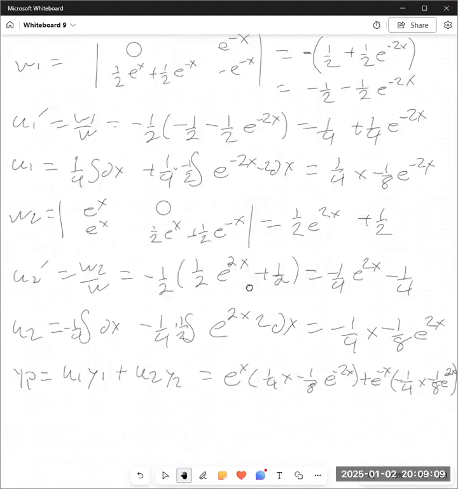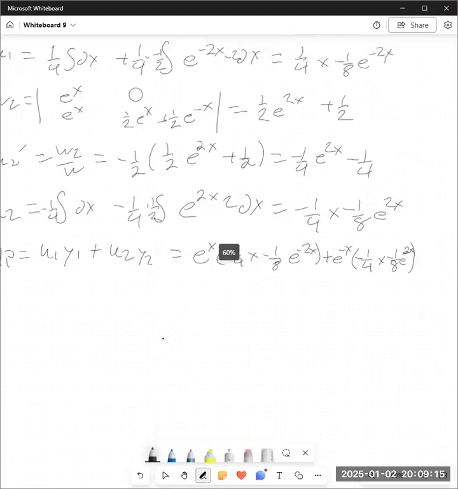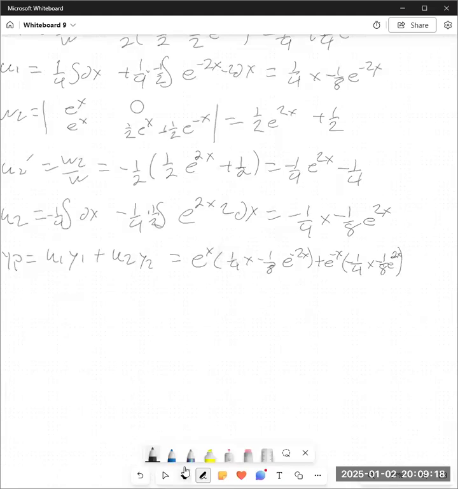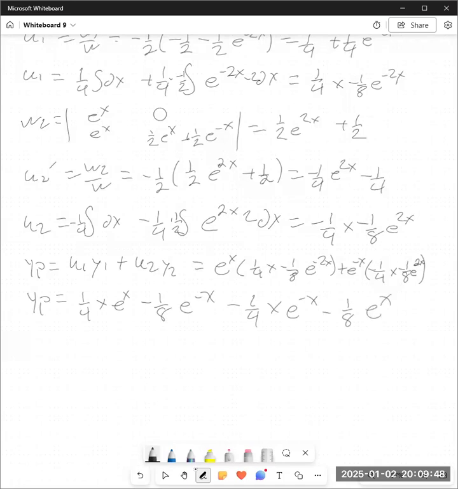And this is yp is equal to 1/4 x e to the x minus 1/8 e to the negative x minus 1/4 x e to the negative x minus 1/8 e to the x.